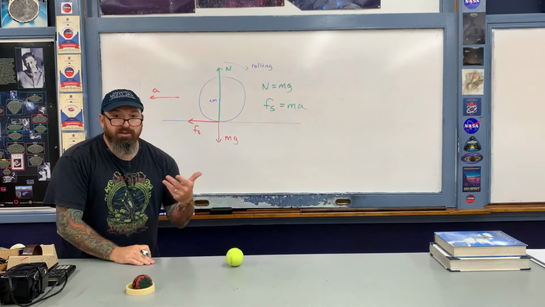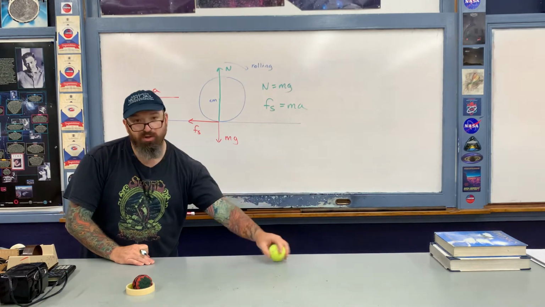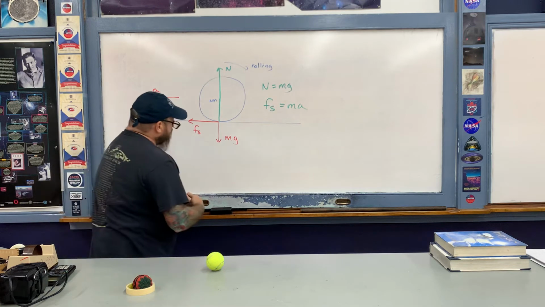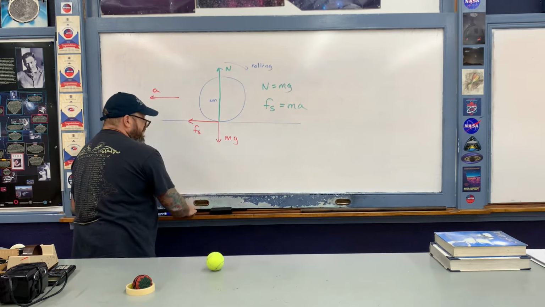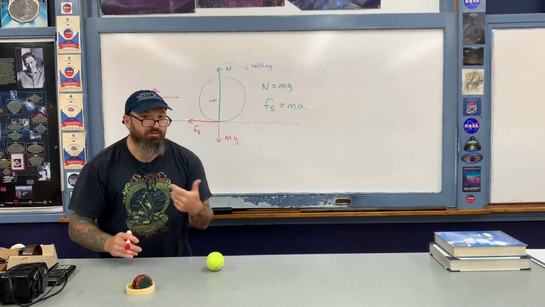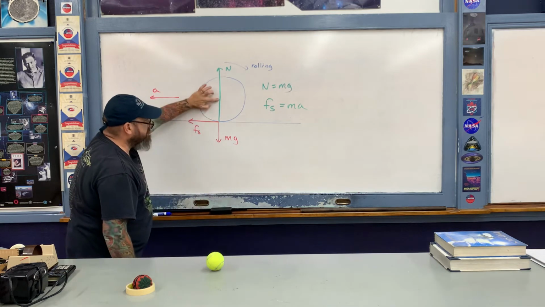Now let's take a look at the torques that are exerted upon the ball due to the forces as the ball, for example, rotates and rolls to the right-hand side. First of all, we have the force of gravity, mg. Immediately, what can we say about the torque due to gravity? It's equal to 0. The reason for that is because the moment arm, r, is equal to 0.